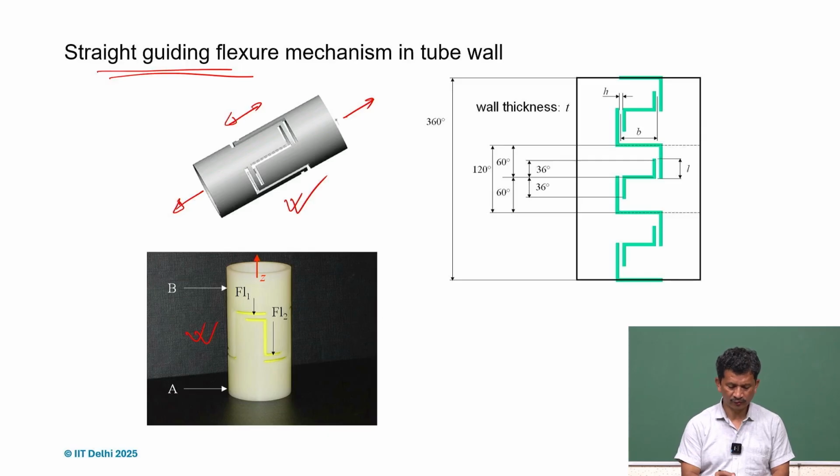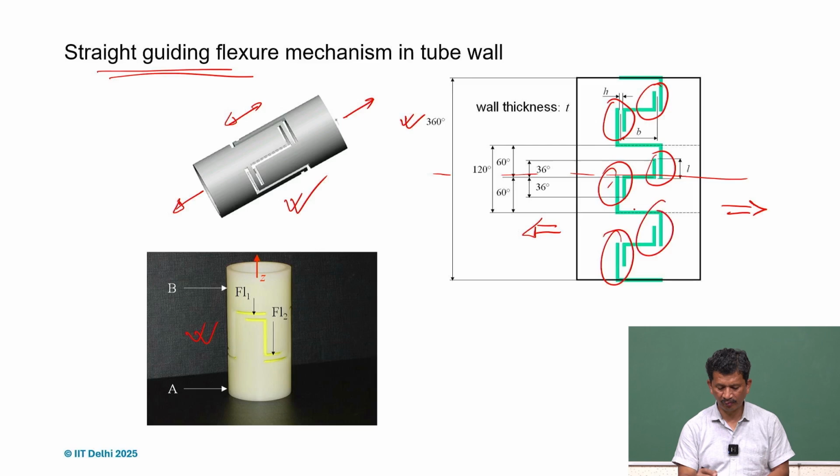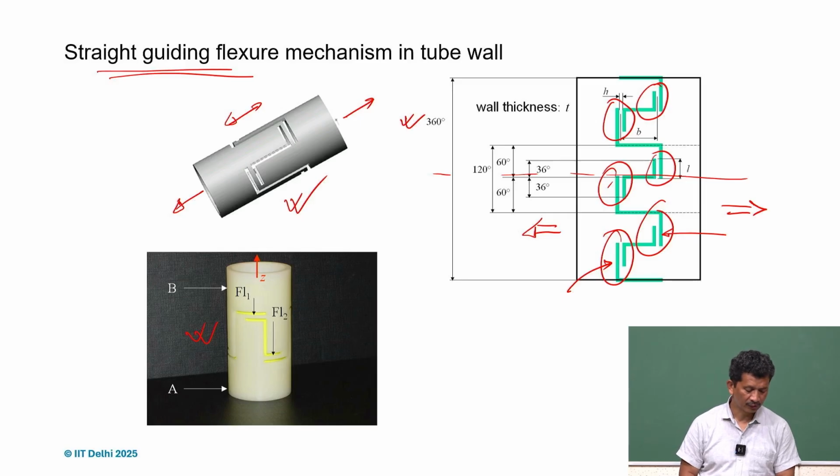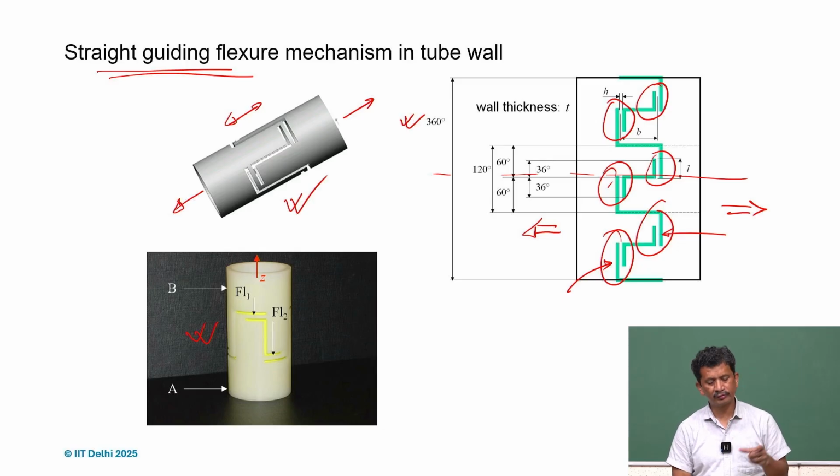There are 3 pairs of these sheet flexures, and if we pull, these flexures will deflect and we get a straight guiding mechanism behavior. So very nice, and we can use these tubes to design different kinds of flexure mechanisms, even for common use.